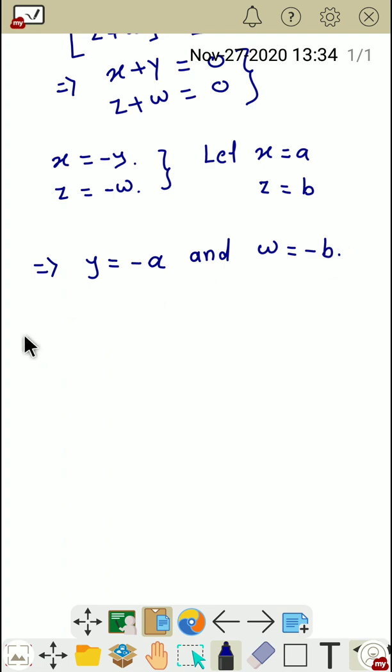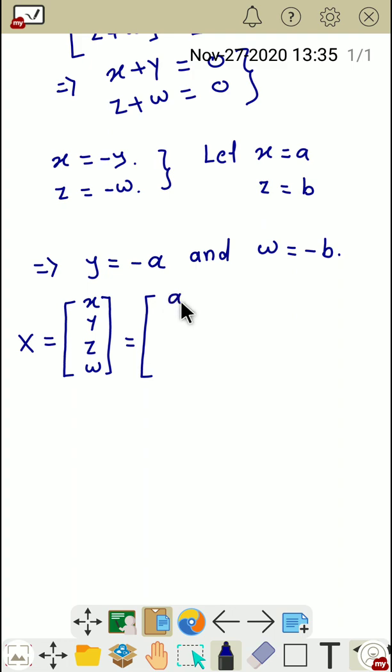Thus we have vector x equal to (x, y, z, w), and it is equal to (a, minus a, b, minus b).